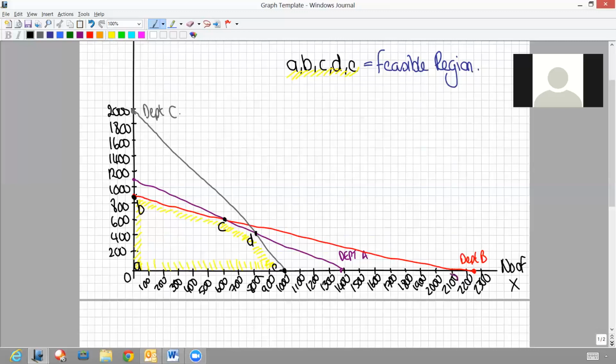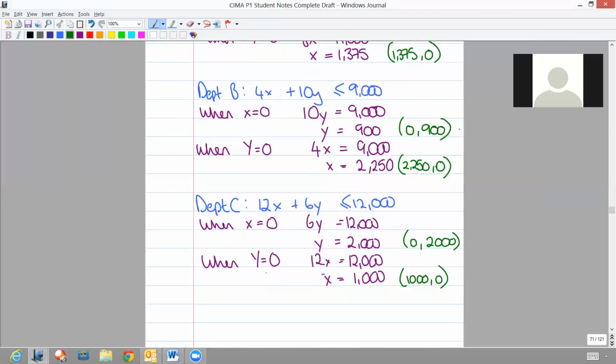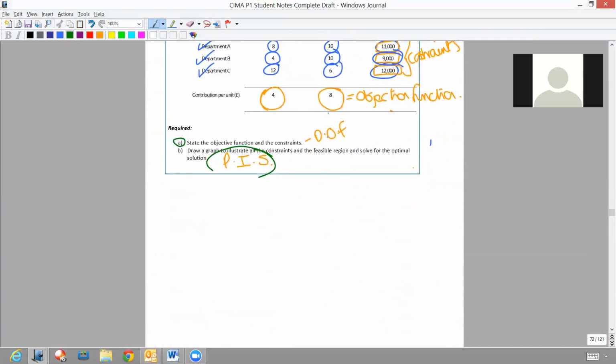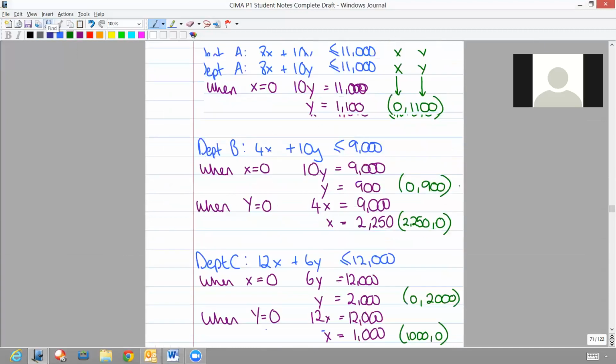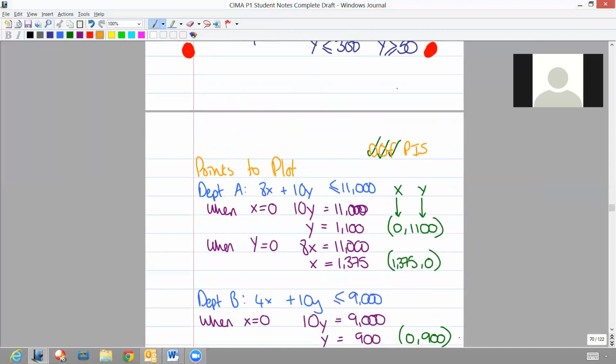That's called the walk round approach, and it takes you a long time to do. So we're not going to do that. The approach we're going to use, and what you'll be expected to use in your exam, is basically the next step on your DOF pies. Okay, so I'm going to put another page in there. So going back to DOF pies, we completed our points to plot and we drew our graph.